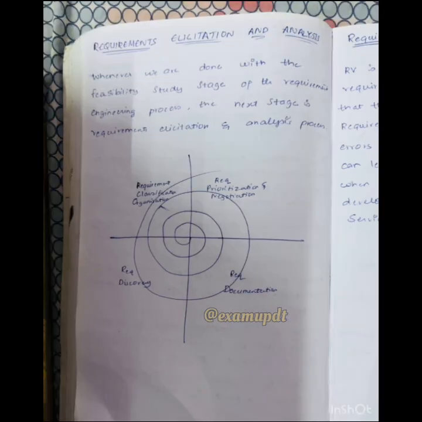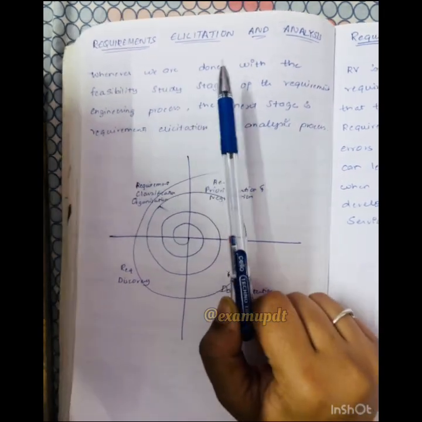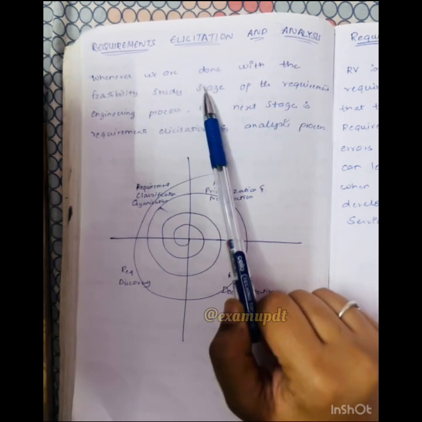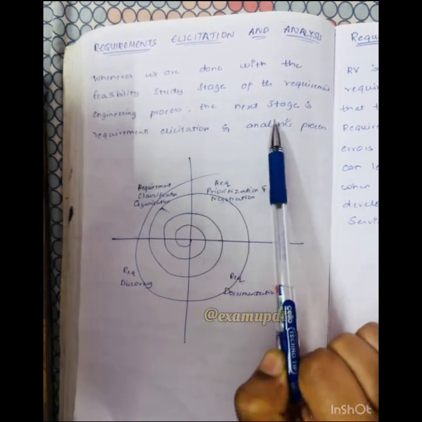Now I'm going to discuss the concept of requirements elicitation and analysis. Whenever we are done with the feasibility study stage of the requirements engineering process, the next stage is the requirements elicitation and analysis process.